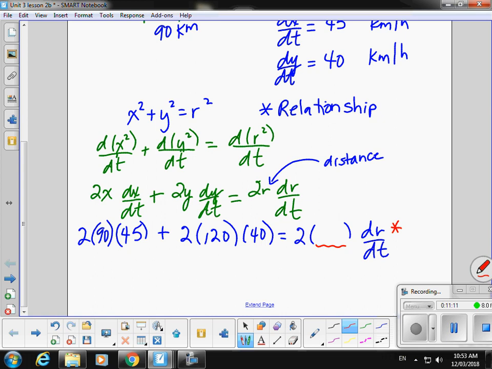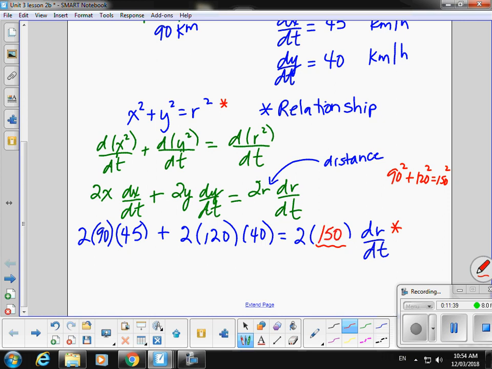To get that missing piece, I'm using the same relationship as the one that I started with, x squared plus y squared equals r squared. So that little bit of work that I need to do is 90 squared plus 120 squared equals r squared, and I get a value of 150.